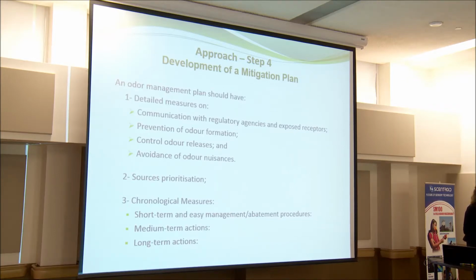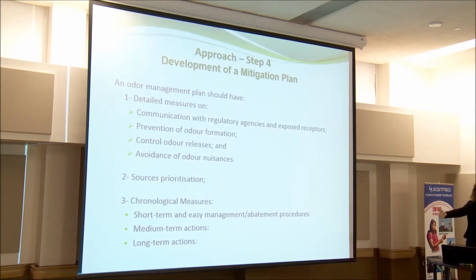It helps with communication with third parties, population and regulatory agencies. It helps you prevent odor formation, control odor releases, and avoid the odor nuisance. The mitigation plan has to have a source prioritization, because you can't do the mitigation all at once.